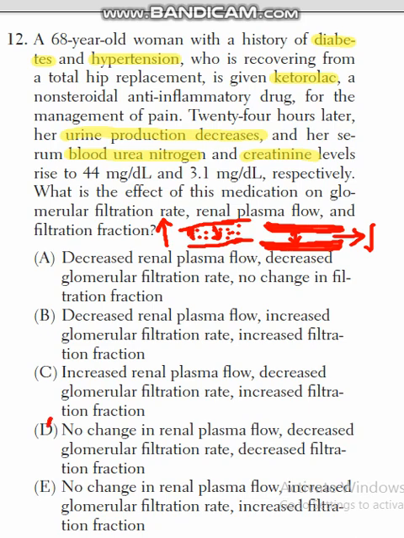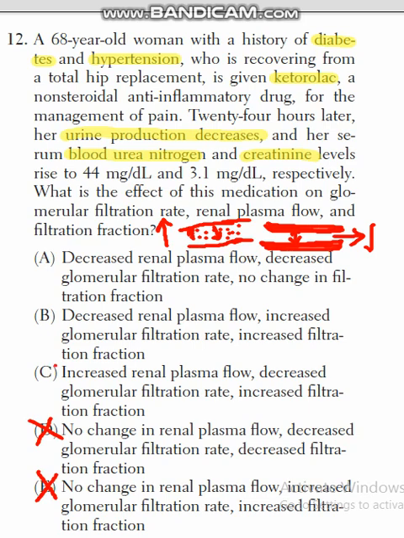So we exclude these two options because they say that there is no change, but here the drug is making some changes. Increase in renal flow: when there is no production of prostaglandins, there will be no vasodilation, so there will be no increase in the renal plasma flow. Rather there will be a decrease in the plasma flow.